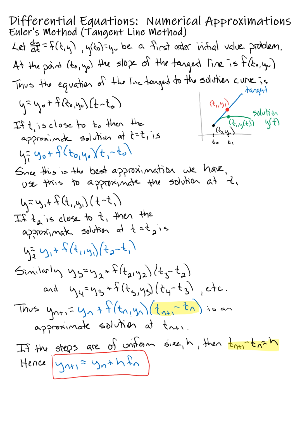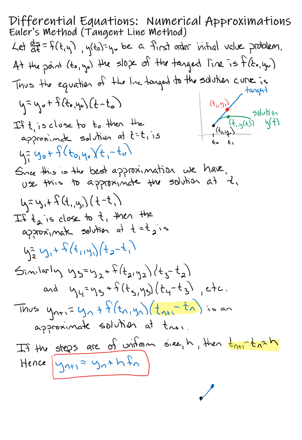Now, to find a solution at another point, I could either start over if I wanted some different point, which is extremely cumbersome, or I simply use a piecewise linear function to construct this collection of tangent line segments. So I would have my starting point, find a tangent line off of that to get a point.